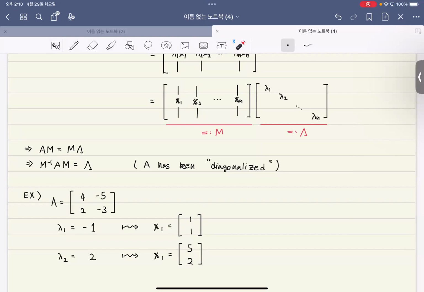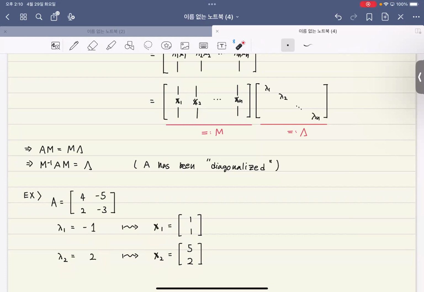Sorry, I messed up, this is x2, the eigenvector of this eigenvalue. For me, it looks like these two eigenvectors are clearly linearly independent. So I am safe to say they form a basis of R2.